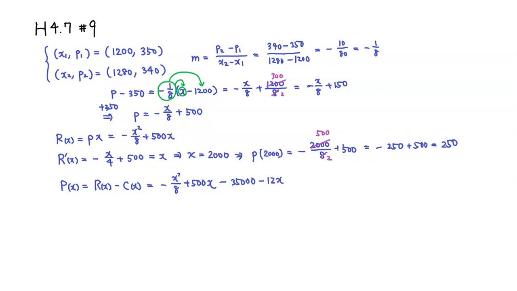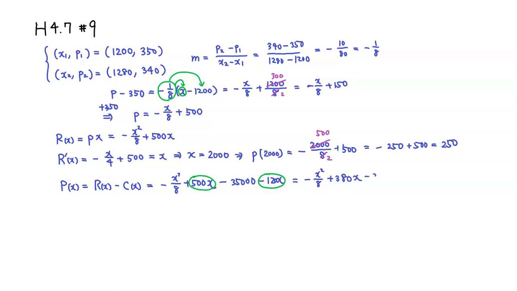So if you clean this up, you're going to get negative X squared over 8. And I just need to combine 500X and then minus 120X. So that's going to be 380, so plus 380X.